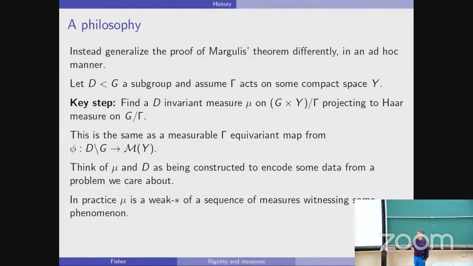And in fact, there is a paper of Eskin, Filip, and Wright that is very much doing that. And so I put the philosophy in the G mod gamma context to have something to say and to be concrete, or at least more concrete than this vague slide seems. But I think it's actually a much broader philosophy than that. And I think I will stop there.